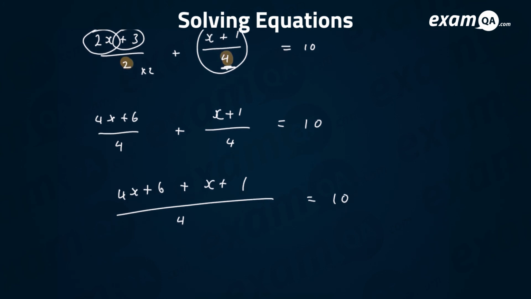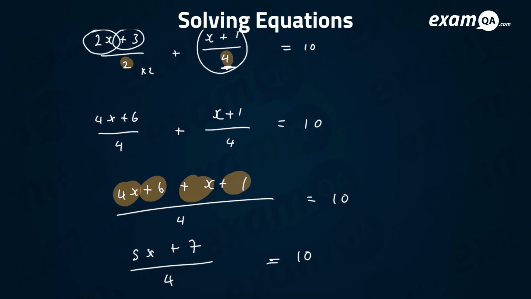And carry on simplifying by adding the tops, collecting the like terms. 4x plus x is just 5x, plus 6 plus 1 is plus 7, all over 4, and that's equal to 10.